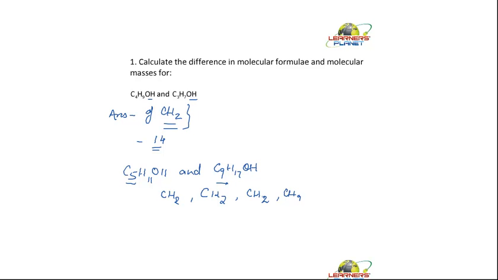So what will be the difference in their molecular masses? How many CH2s are there between them? 4. Now the formula of the second compound should be C9H19OH, not C9H17OH.